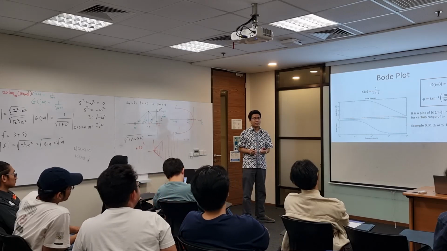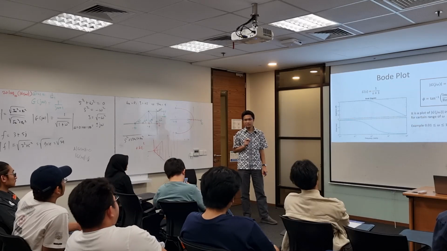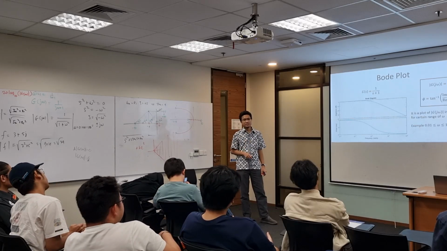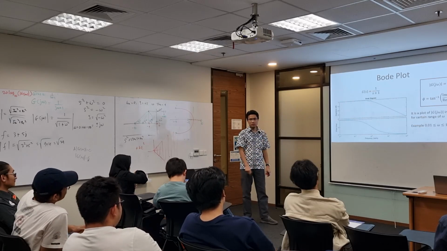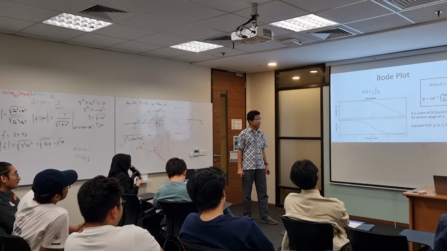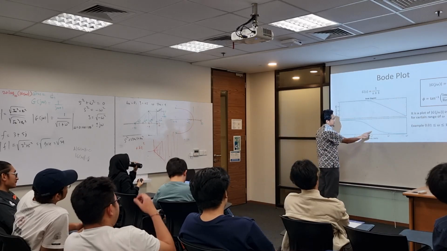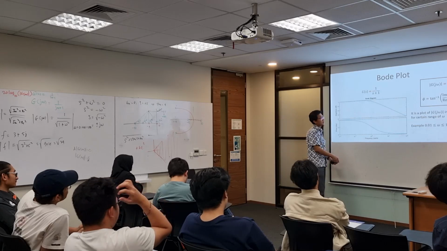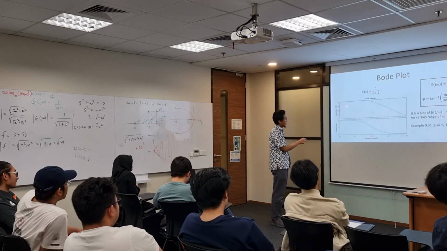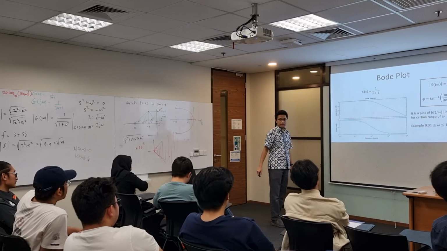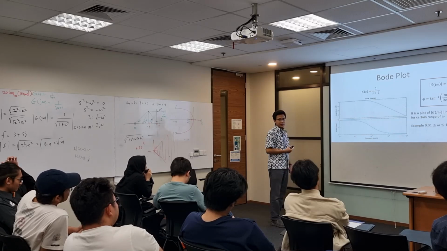In this situation, C is not so important. The most important thing is the shape of this Bode diagram. You can see this is 1 radian per second. Beyond 1 radian per second, the magnitude becomes small, so that means the bandwidth is around 1 radian per second.